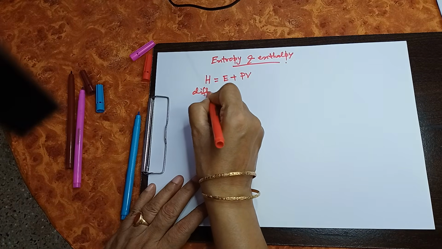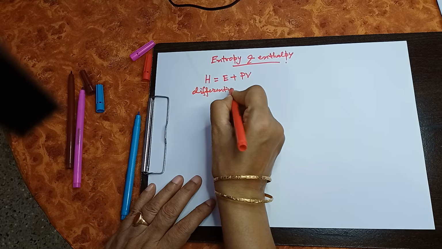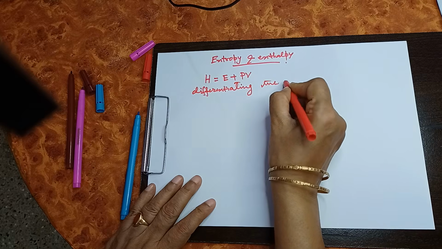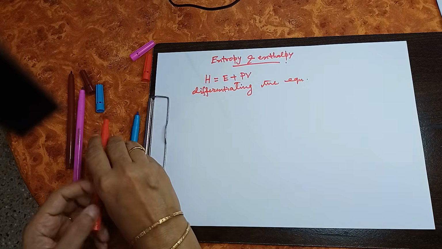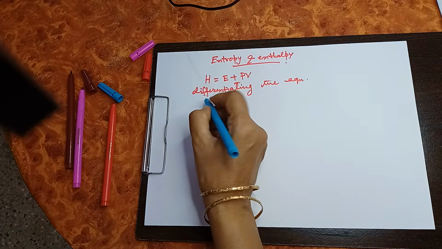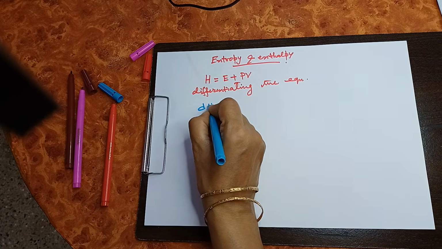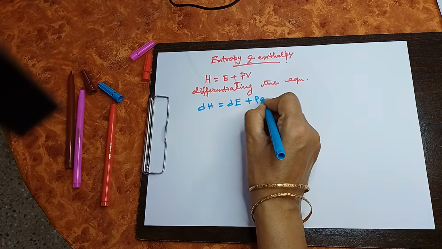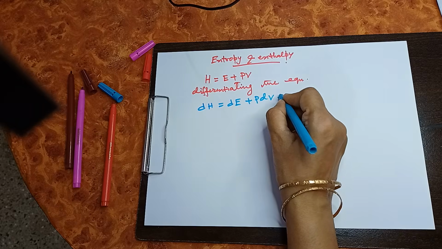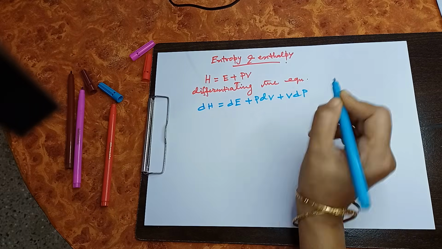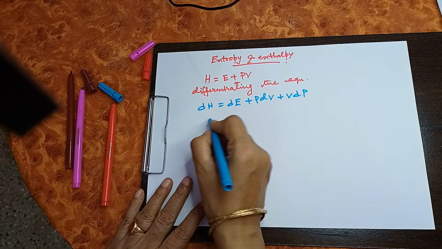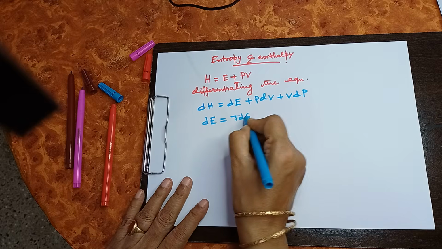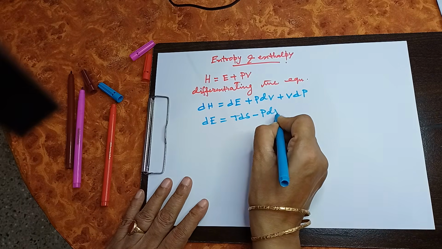So differentiating the equation, from here I can write dH is equal to dE plus P dV plus V dP. Just now we have derived dE is equal to T dS minus P dV.